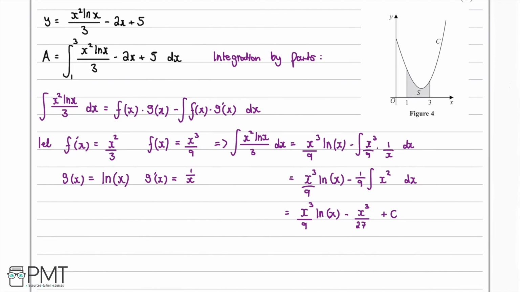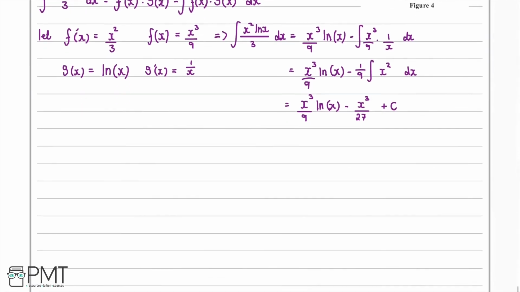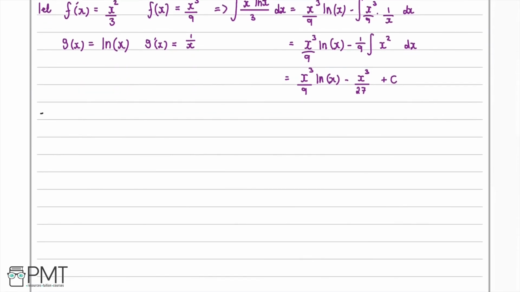So I'll do this as follows. So therefore, the area is going to be equal to the integral of x squared ln x all divided by 3, and then as we know, we subtract 2x and we add 5, with respect to x.